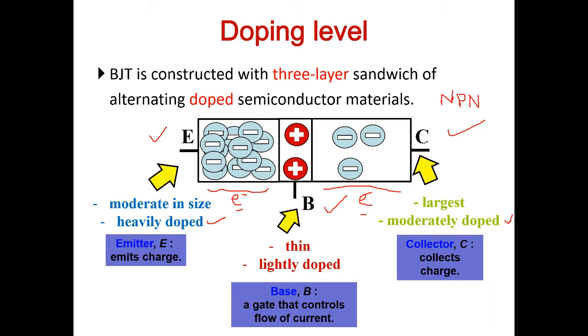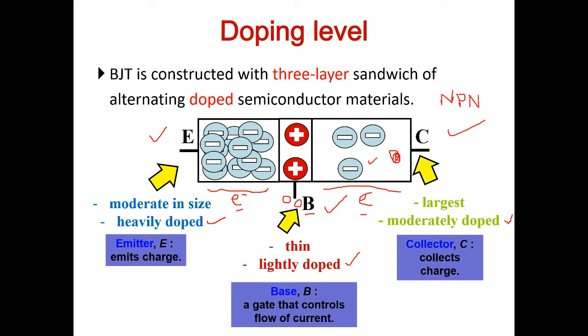Then you can see here the base is only small, and the number of positively charged holes is only 2 compared to here where you have 3. So this one is very lightly doped. For the collector part, it has a larger space but is moderately doped compared to the emitter.